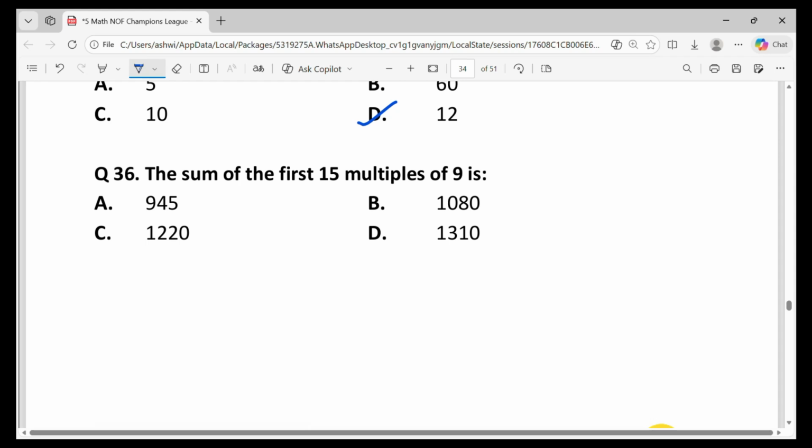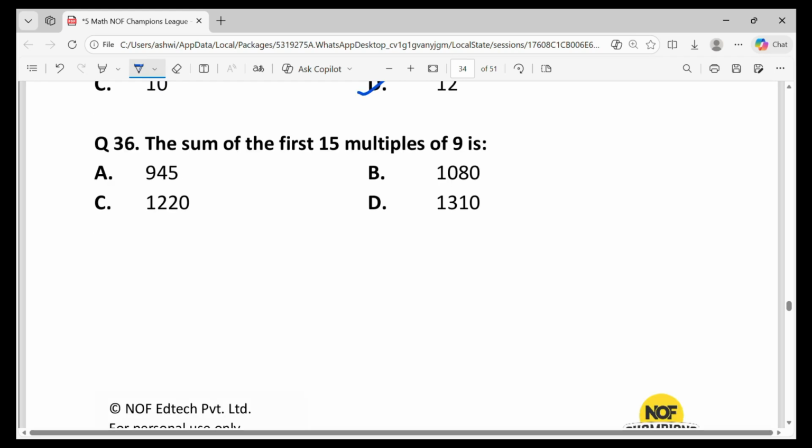Question 36. The sum of the first 15 multiples of 9 is. The multiples of 9 form an arithmetic series with the first term a1 as 9, the common difference d as 9, and the number of terms n as 15.